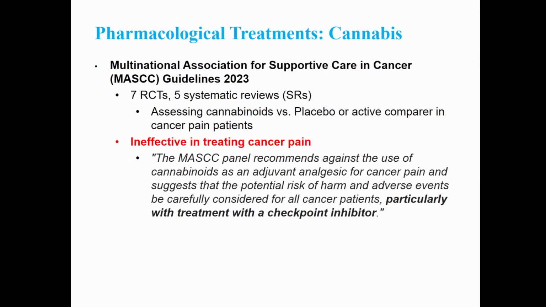It's also important to note that the ASCO guidelines that came out in 2023 showed that overall cannabis was ineffective for treating cancer pain, and they were not recommending using cannabis as an adjuvant analgesic, because there is potential risk of harm, specifically for patients on checkpoint inhibitors. This isn't saying that you cannot use it, but typically we'd recommend close collaboration with the oncology team, not using this as an adjuvant analgesic, and if you're using it, considering it for other things like nausea or appetite stimulation.